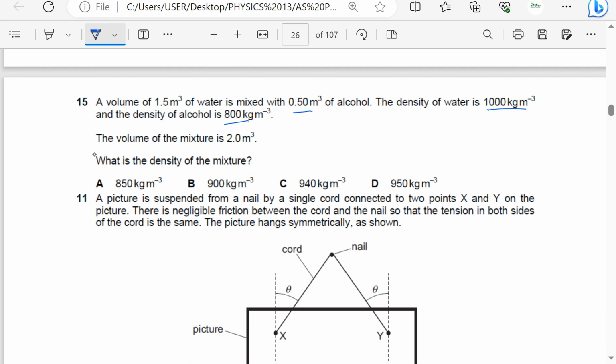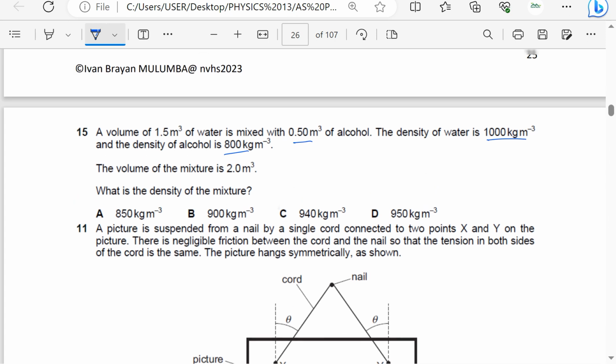Okay, so we know that density of the mixture is the total mass of the mixture divided by the total volume of the mixture. So mass is density times volume. So I'll just be multiplying to get total mass. For water, it is going to be 1.5 times the density, which is 1000, plus for alcohol, it is going to be 0.5 times the density, which is 800.